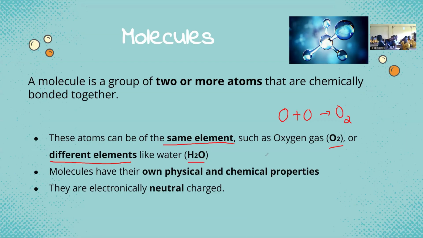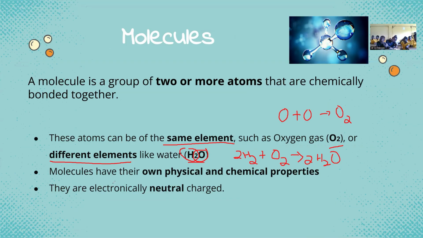So this is actually O2 plus hydrogen gas goes to 2H2O. So you can see how it involves two different types of elements. It has hydrogen and oxygen.